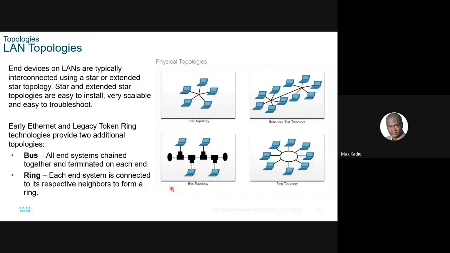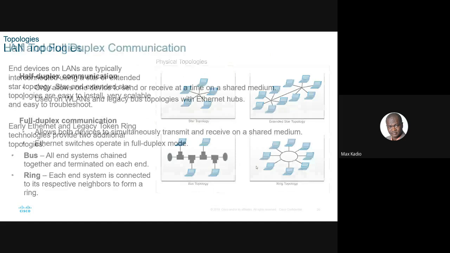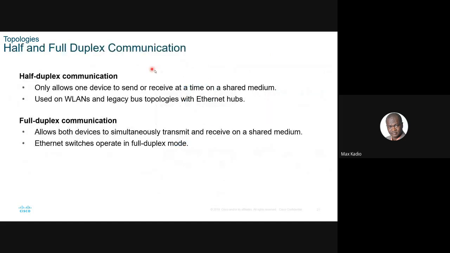So normally the topology, the way IT organizes the devices, is mostly star topology nowadays, where all the laptops are connected to a switch and the switch to a router. But in the old days, they also had half duplex and full duplex. It's the communication.